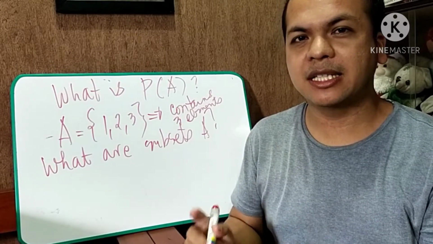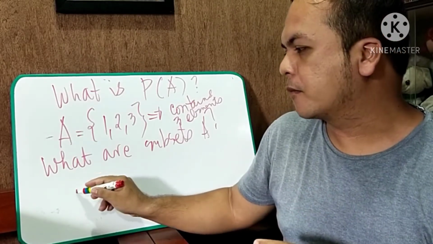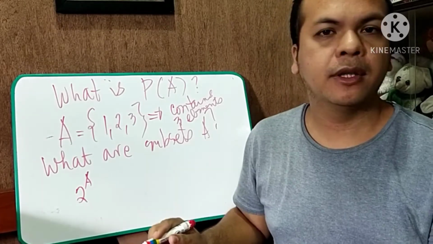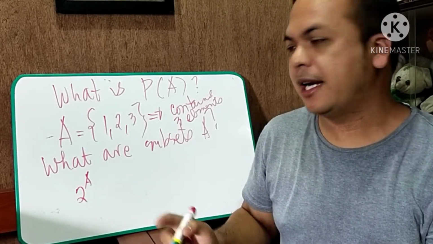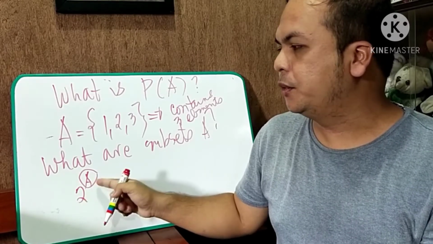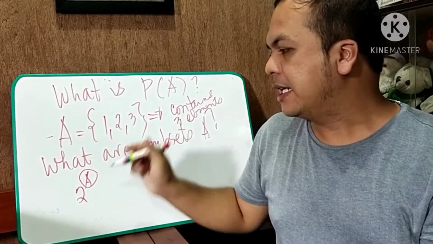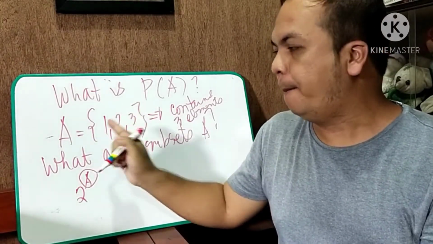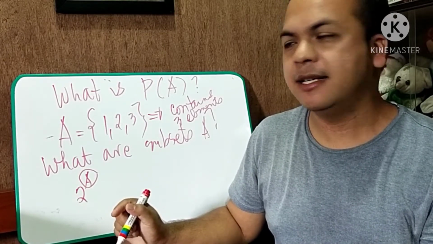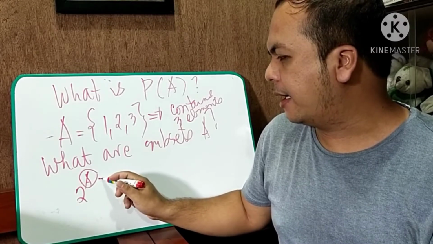How did we get 8? That is using the formula 2 raised to the power of the cardinality of A. The exponent of 2 does not refer exactly to A; however, it refers to the number of elements A has.